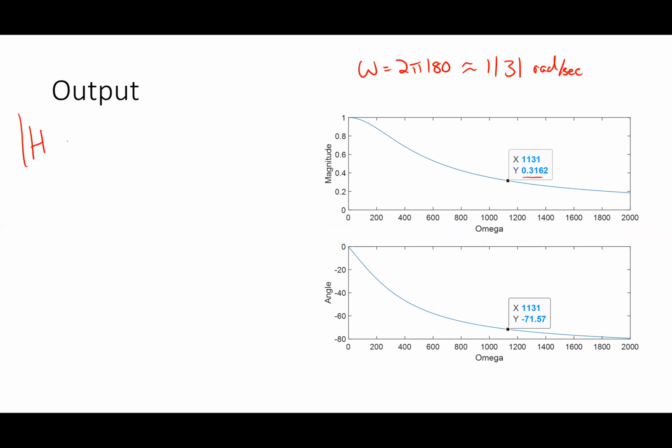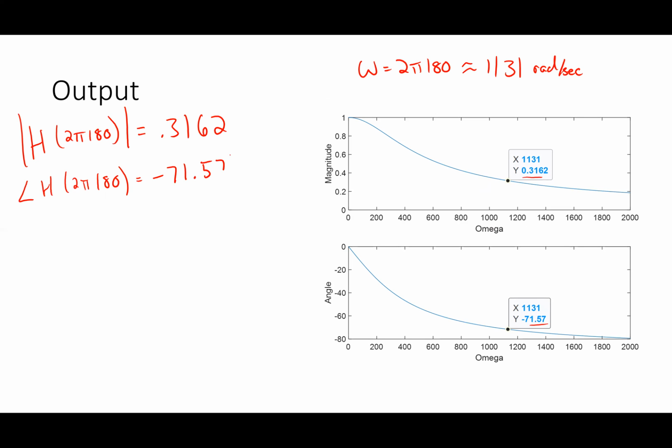The magnitude of H at 2 pi 180 is apparently 0.3162, and the angle at that frequency, from the bottom graph, is apparently -71.57 degrees.